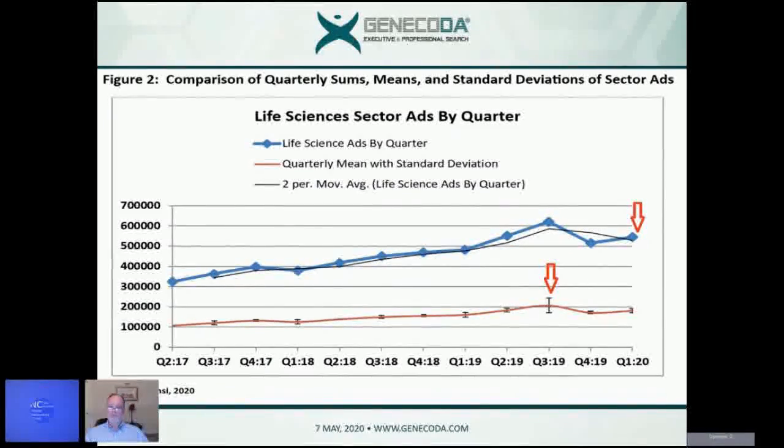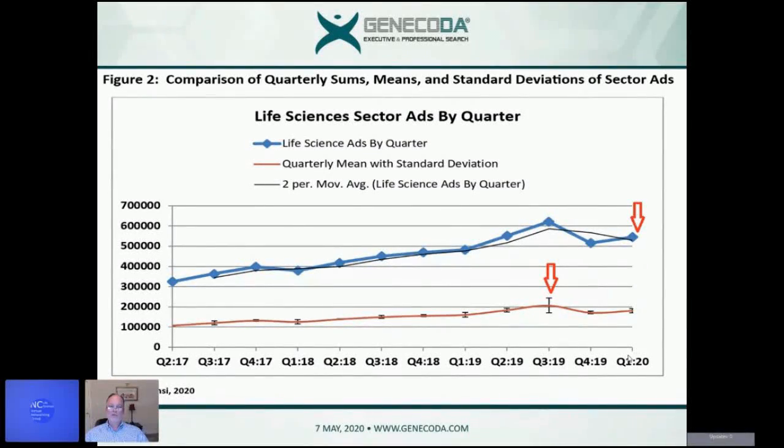We actually use a similar model in our forecasting of the following quarter. And there are 2 points I'd like to touch on with respect to this figure 2. One is that in Q1 of 2020, we saw that there has been a moving average decline for 2 consecutive quarters in a row.